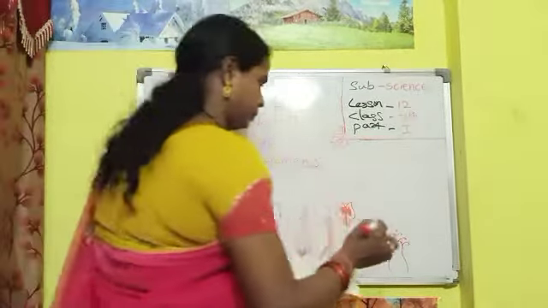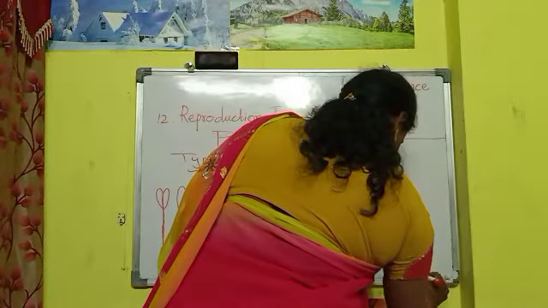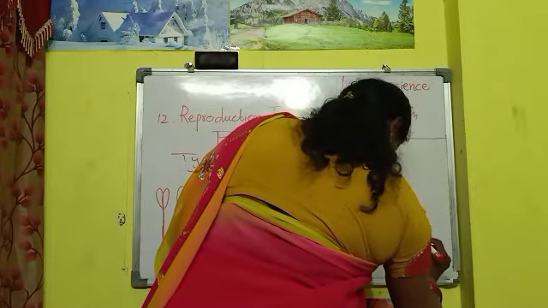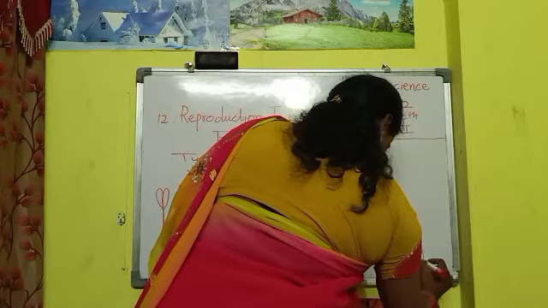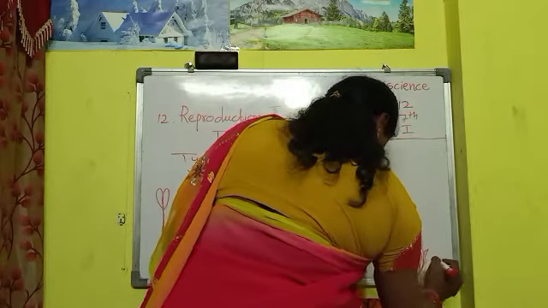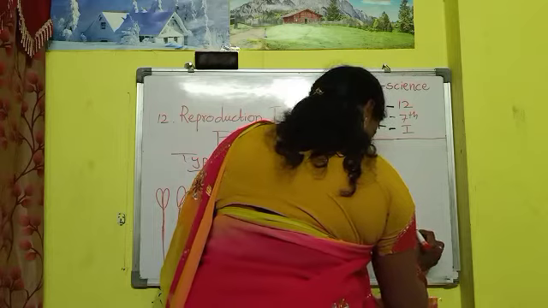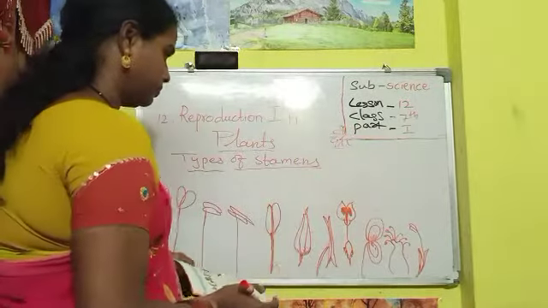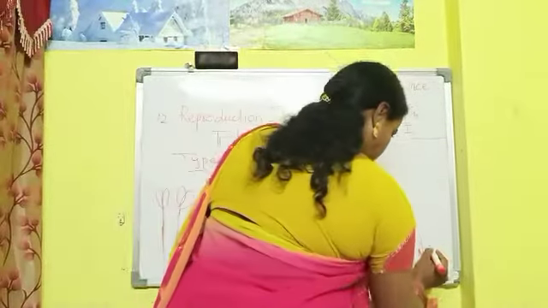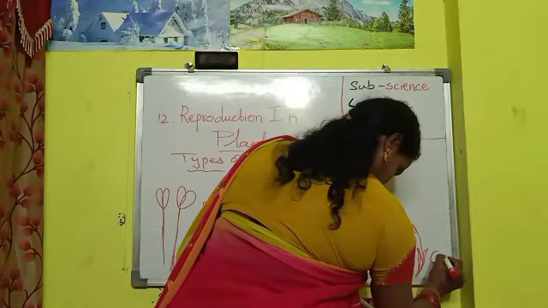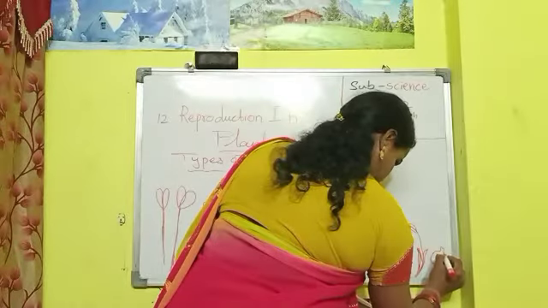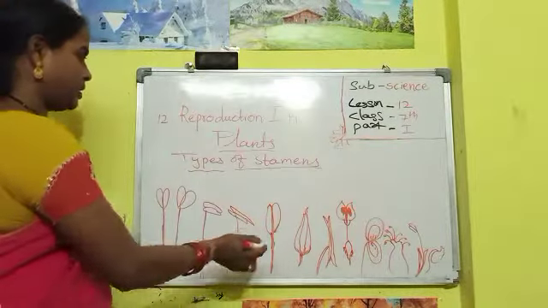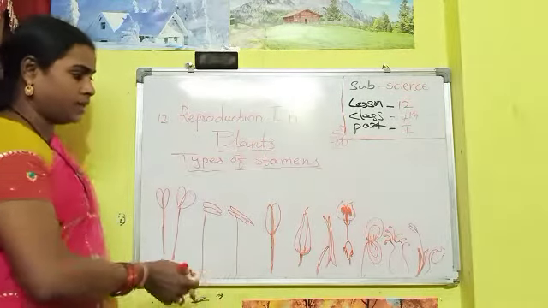Draw these, children. These are the stamens. This is the male part of the flowers. Draw this, then we will go to the next topic.